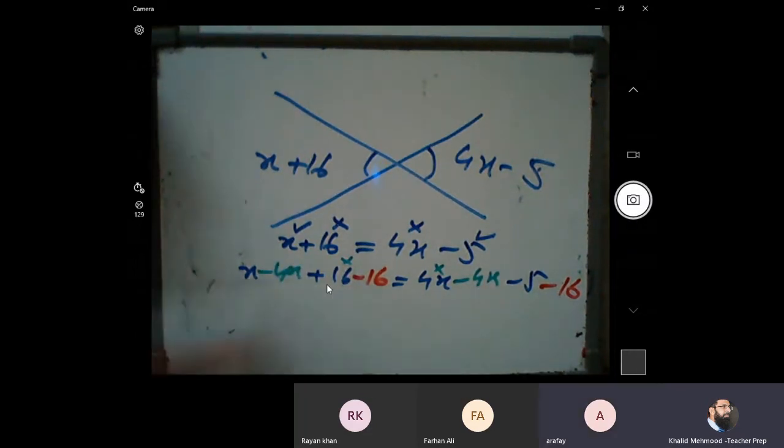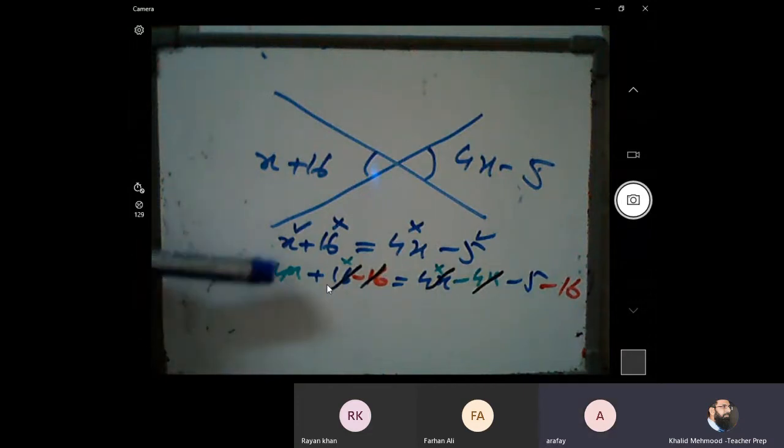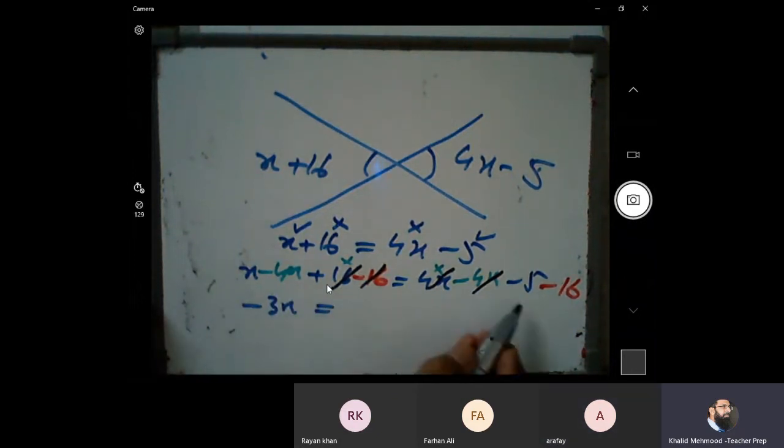Now these will be cancelled, these will be cancelled. Now we have x minus 4x, different signs, so we'll be subtracting: 4x minus 1x is 3x, and the greater number's sign. And minus 16 minus 5 is minus 21, same sign means we'll be adding.